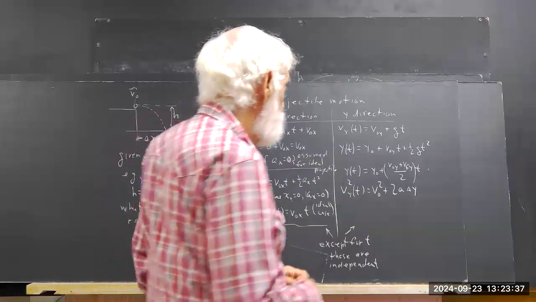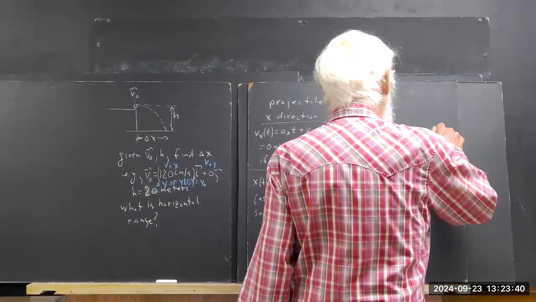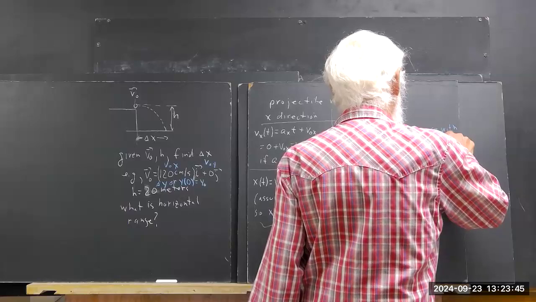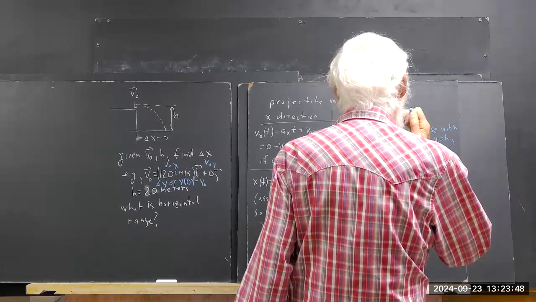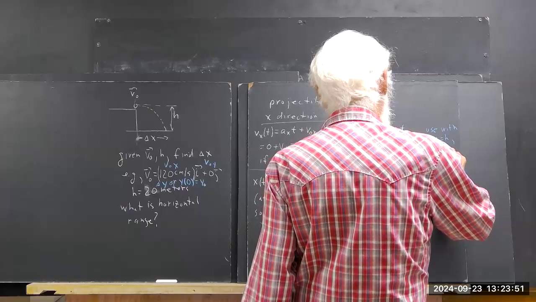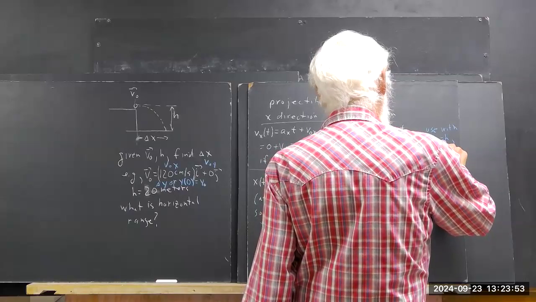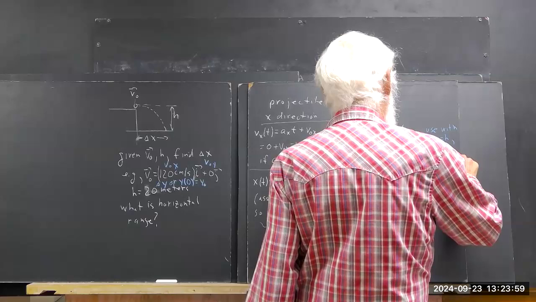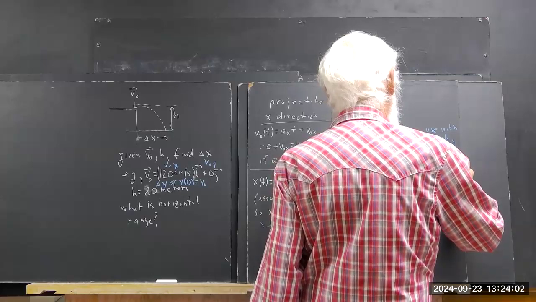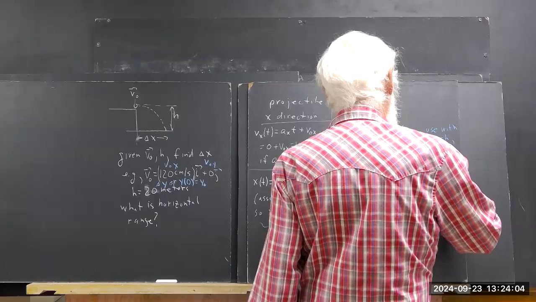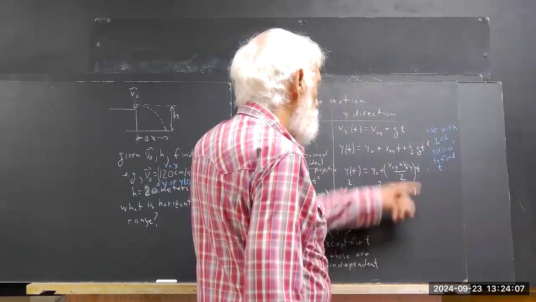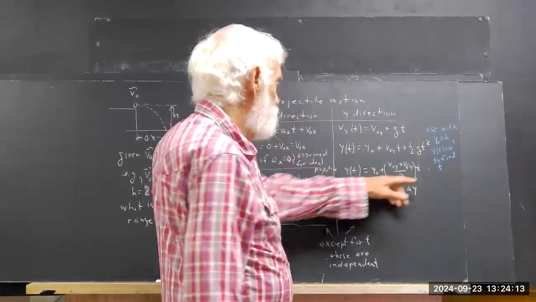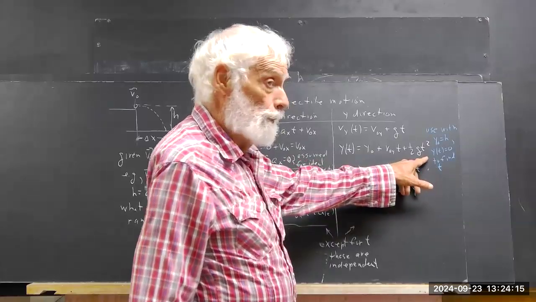So we can use this with Y naught equal H, Y of t equals 0, to find the time of fall.